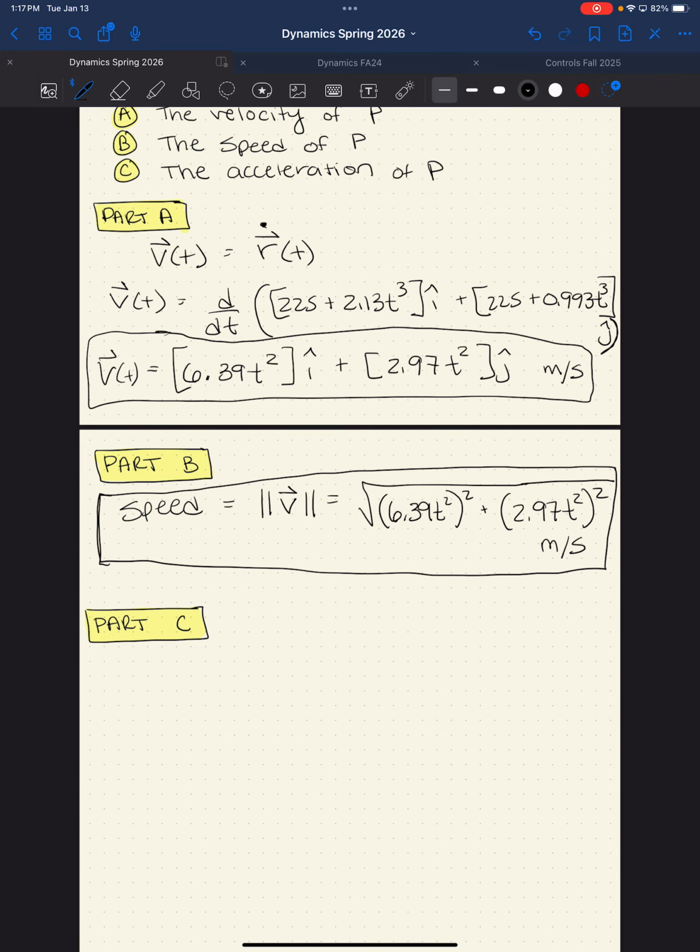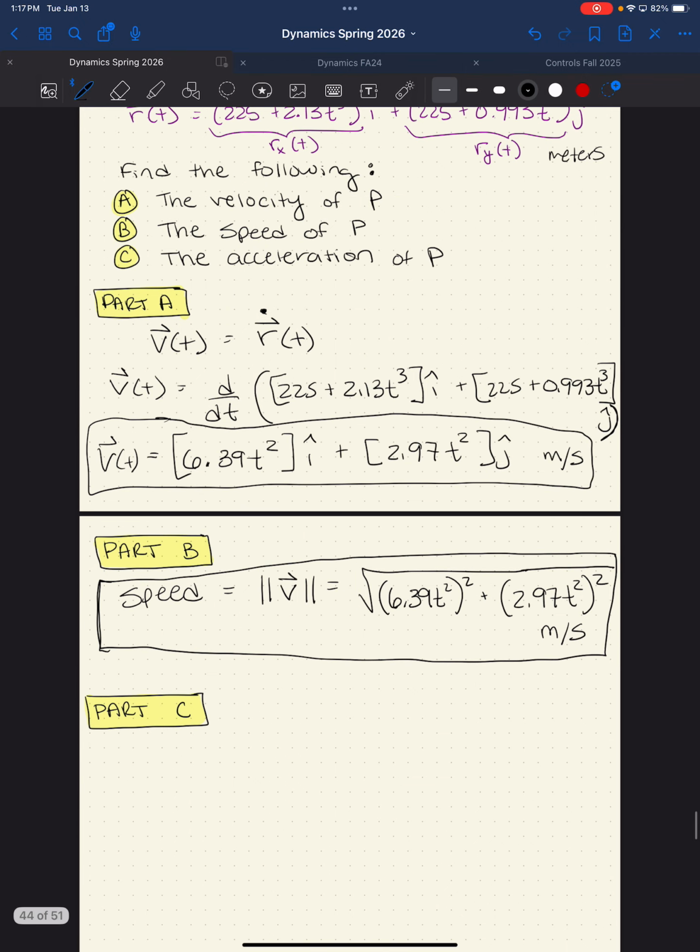Last part, C, is asking for the acceleration. What is my known relationship between acceleration and some expression I already have? Time derivative of velocity, right? I've already found velocity, so that's a good relationship to draw on. If I hadn't yet found velocity, I could also relate it back to the second derivative of position, six of one, half a dozen of the other.